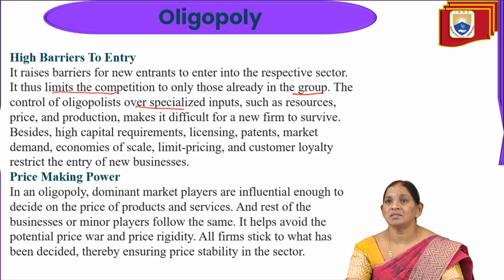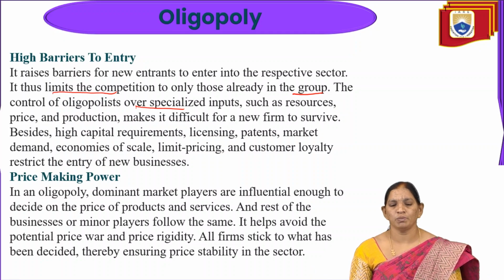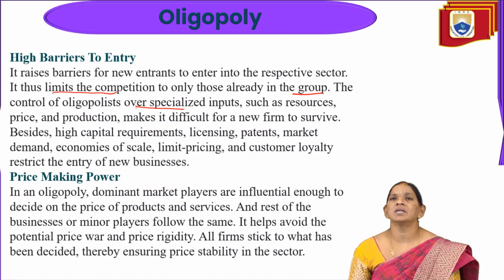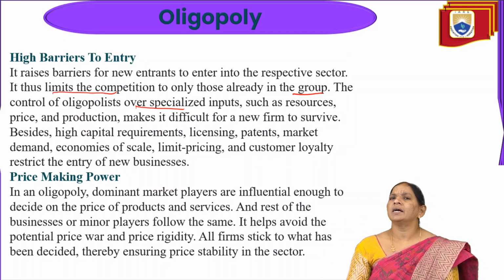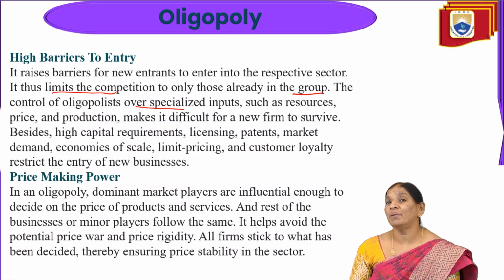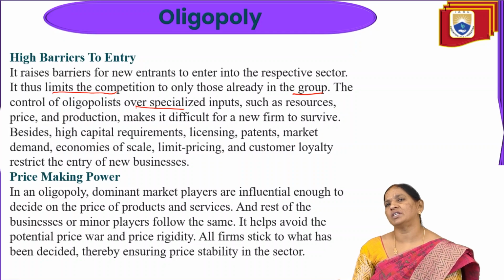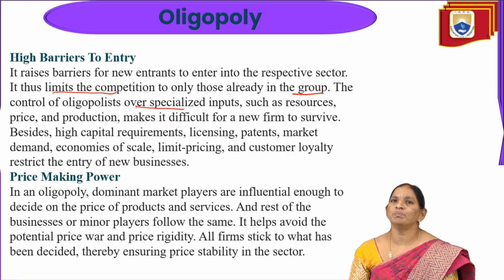Licensing and patents from the government, we have to get the license and patents, means a lot of restrictions will be there. Sometimes they enjoy economies of scale, based upon that they can decrease the price very low and limit their pricing, and they have their own brand. Based upon that brand image, they can go for customer loyalty and restrict the entry of new businesses.